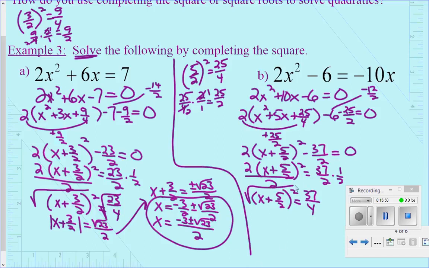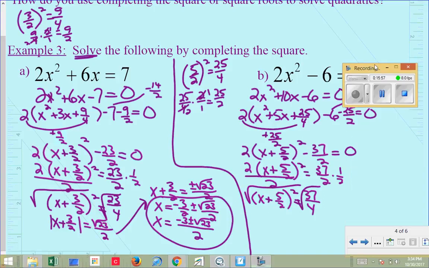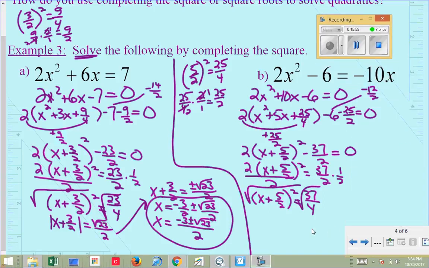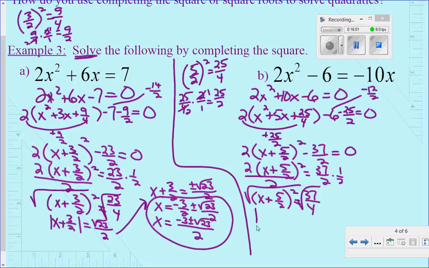I'm going to take the square root of each side. Okay, so I have the absolute value of x plus 5 halves is equal to the square root of 37 divided by the square root of 4, which is the square root of 37 halves. So x plus 5 halves is equal to plus or minus the square root of 37 halves.